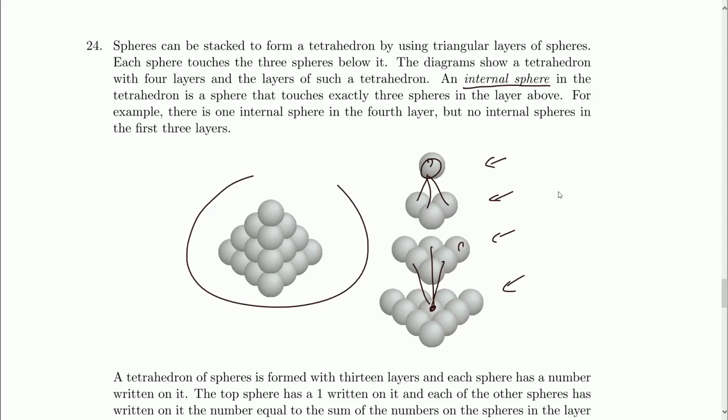For example, this one here is not an internal sphere, it just touches that one. It doesn't touch this one over here, whereas this one touches these 2 and this one. For example, there is one internal sphere in this fourth layer. I already jumped ahead to explaining that, but there are no internal spheres in the first 3 layers.